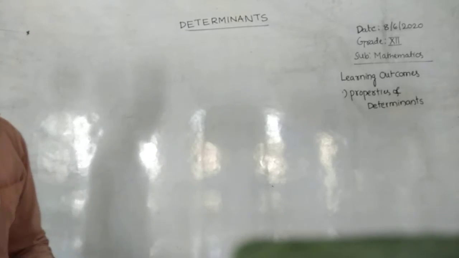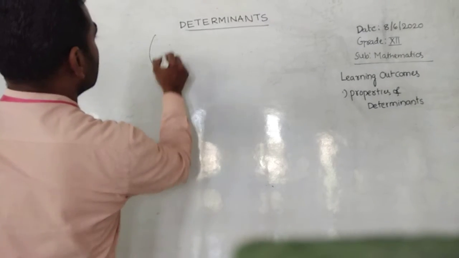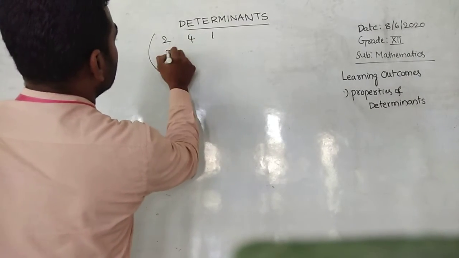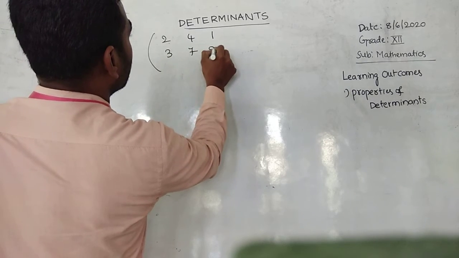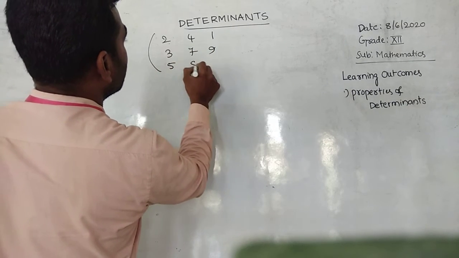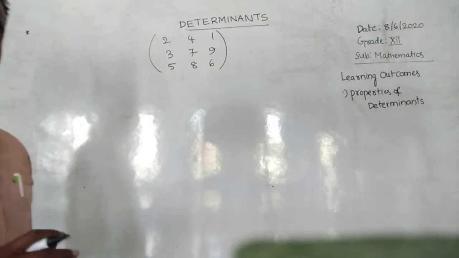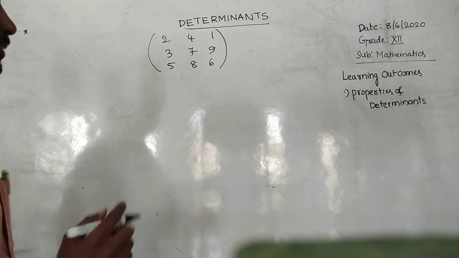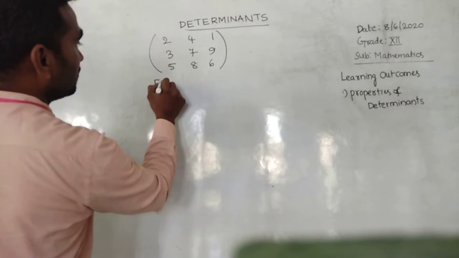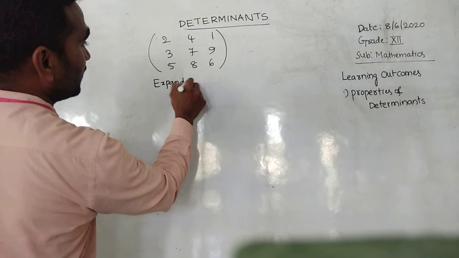The determinant of the square matrix 2, 4, 1, 3, 7, 9, and 5, 8, 6. This is the matrix. How to find its determinant? So expand along row 1.